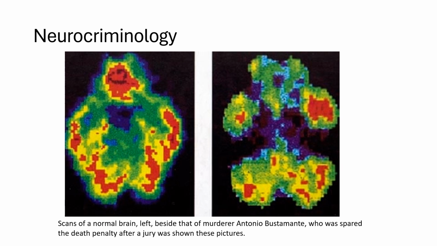And in 2013, there was actually a professor at the University of New Mexico who was studying a population of almost 100 male offenders in the state's prisons. And he found that offenders with low activity in the anterior cingulate cortex were twice as likely to commit an offense in the 4 years after their release than those who had high activity in that area.